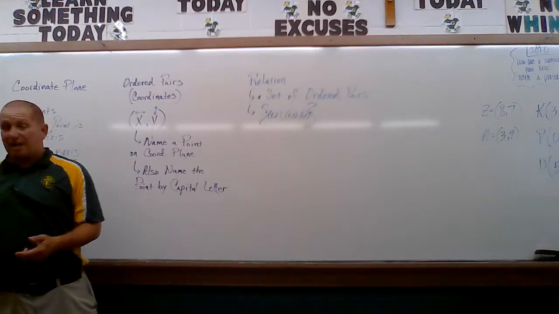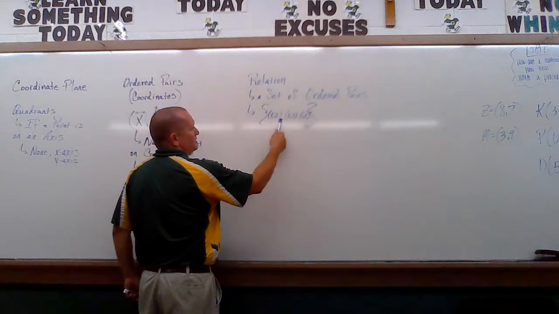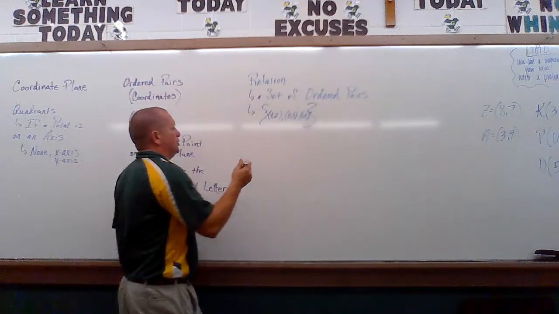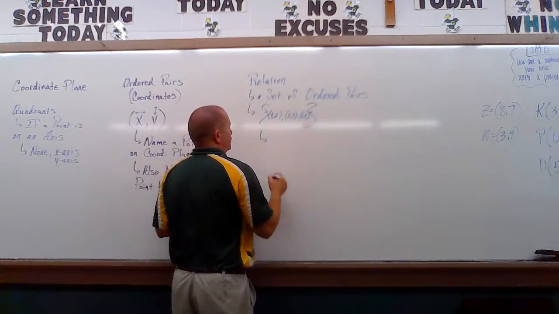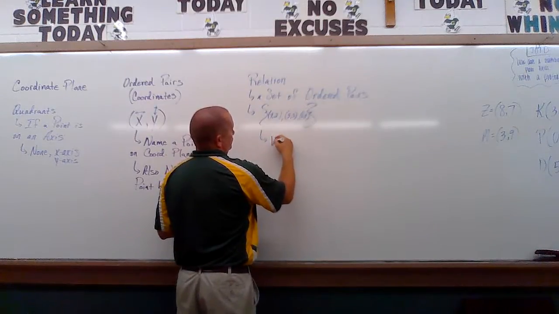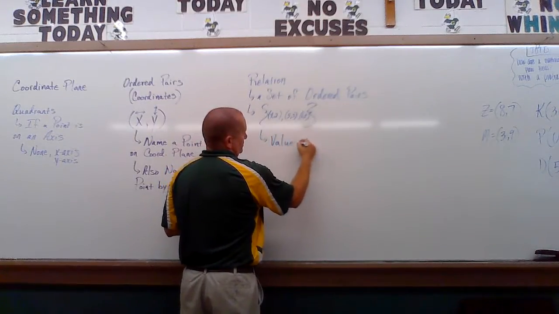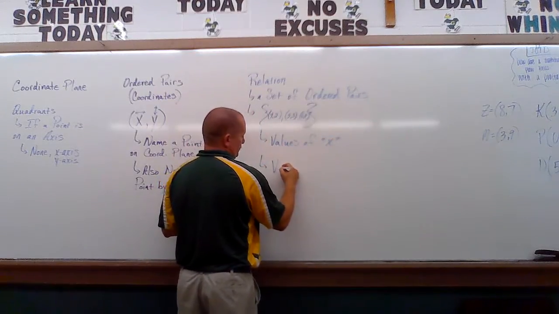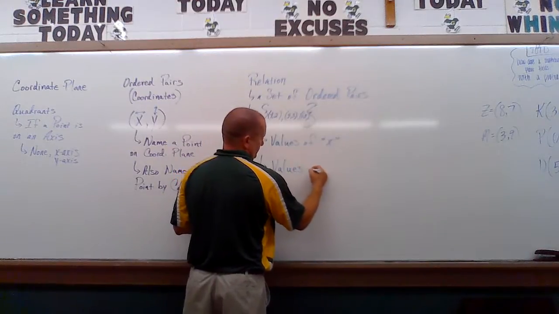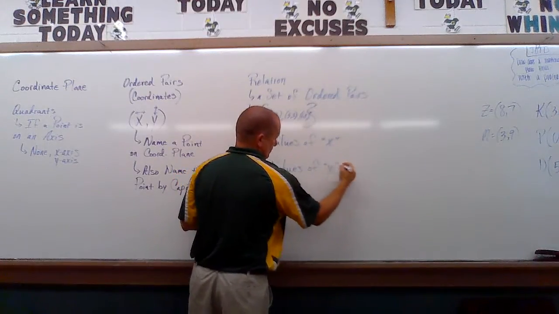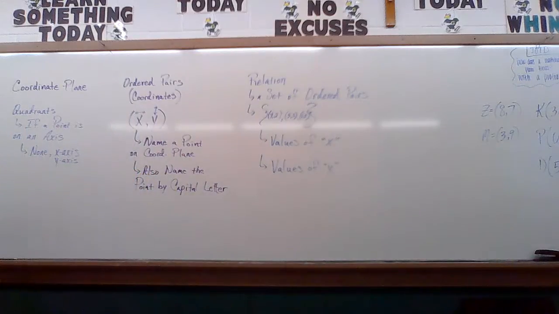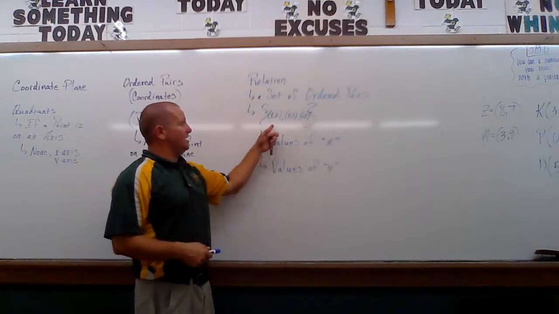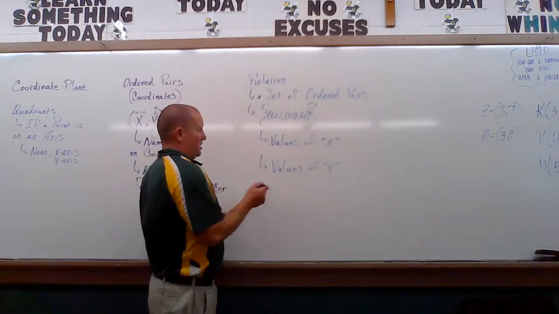So in a relation now, would you agree that each one of these would have an x value in each ordered pair? Okay? So when we start talking about relations, we're going to talk about values of x, and we're going to talk about the values of y. All of the values of x in a set, okay?